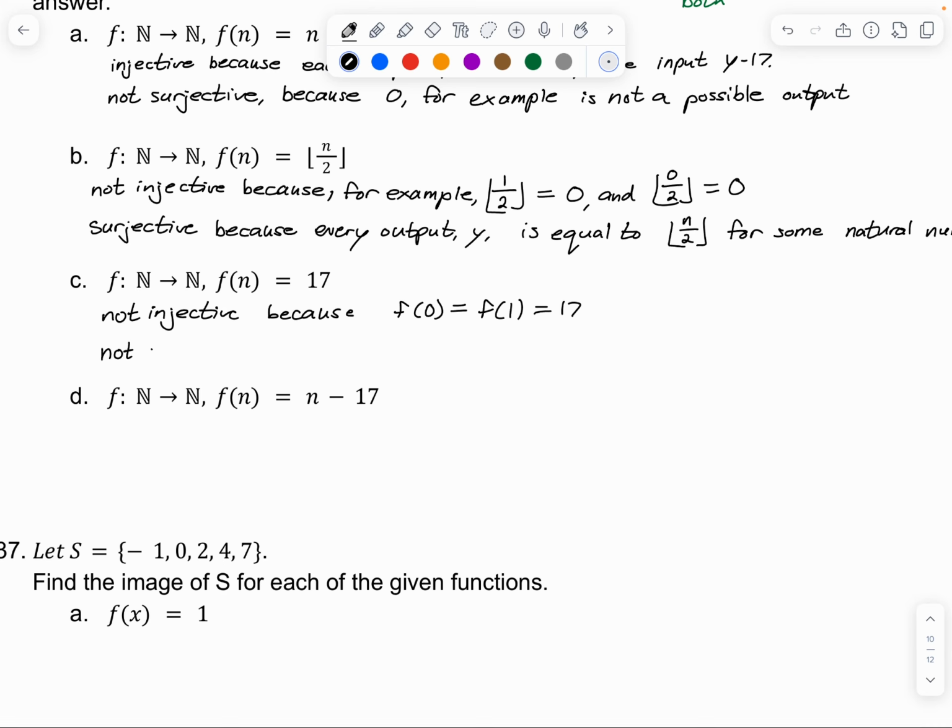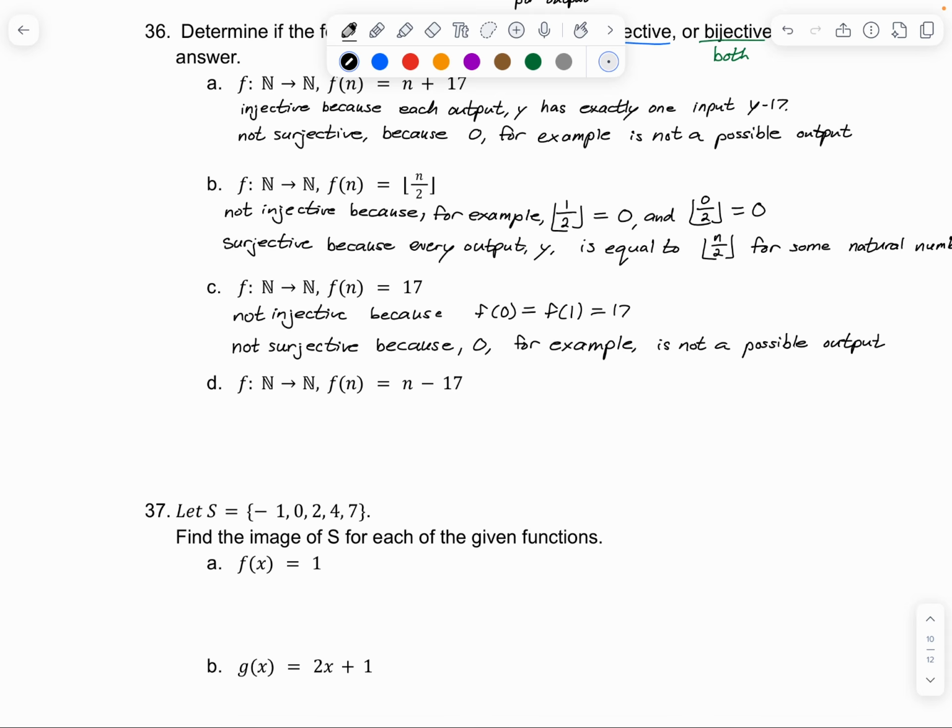But it is also not surjective because no outputs can be achieved except 17. 0, for example, is not a possible output. The only possible output is 17, which means it does not at all cover the whole range.